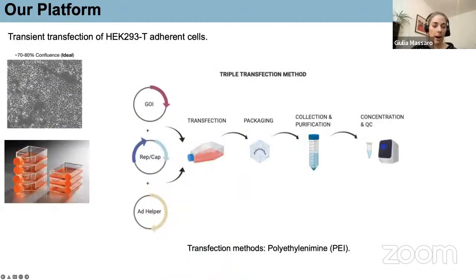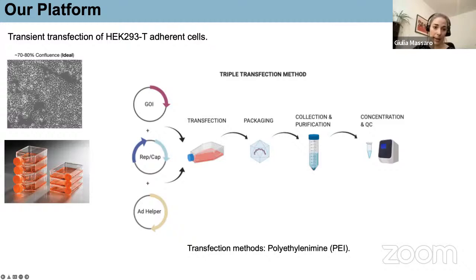I'm sure I don't have to go into detail about vectors for this audience, but I just want to introduce what platform we're using in the facility. At the moment, we're using adherent HEK293 cells, and we use the standard triple transfection method.